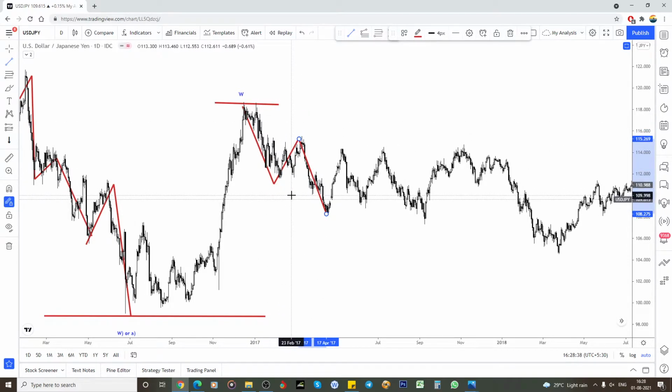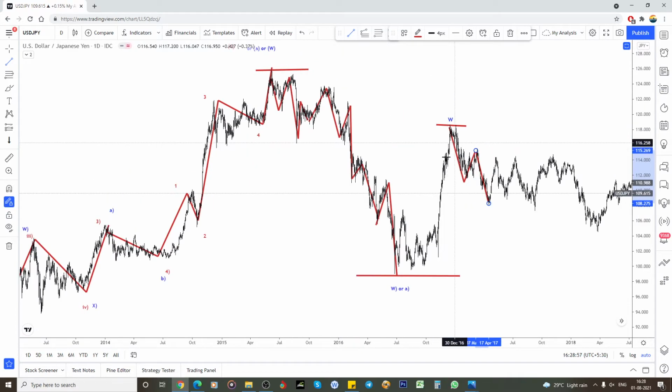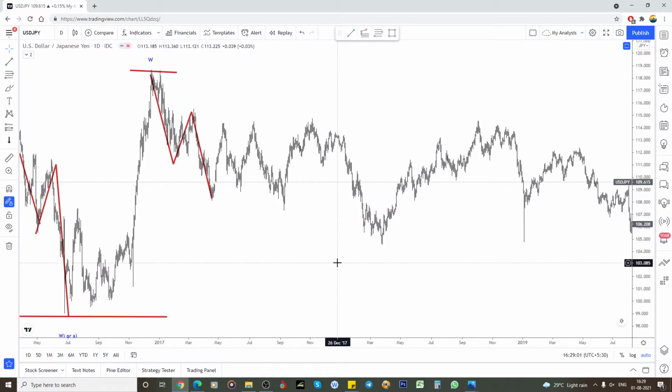For explaining to you, I need to label as A, B, C only, then only you come to know. Otherwise, if it is W, X, Y, again we need to make a W. How many W's can you place? See, this is a double bracket. Say this is a bracketed W. This is a single bracket W, and this is without bracket. So still we are in the correction in the part of a three-way structure.